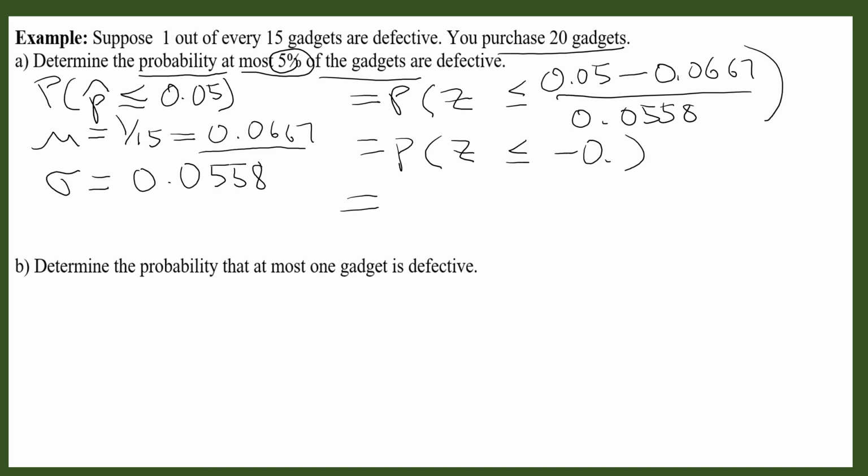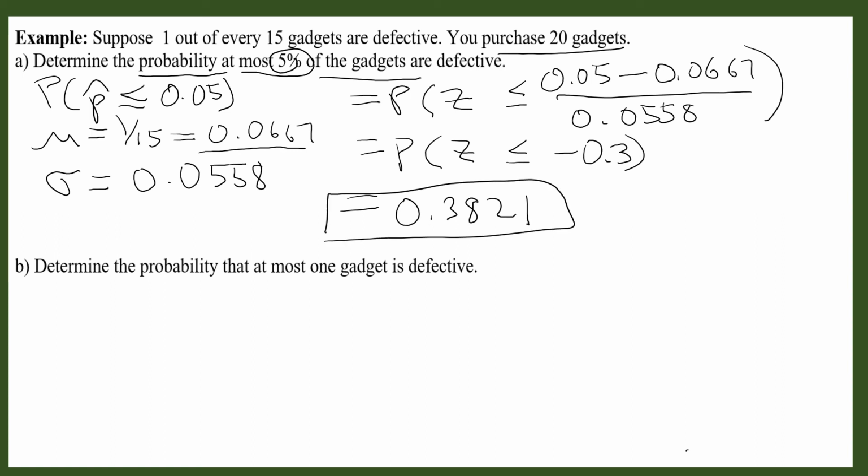This is the table, so I'll look up negative 0.3 in the table. Let me fix my writing there. 0.3821. There's the answer. Okay?